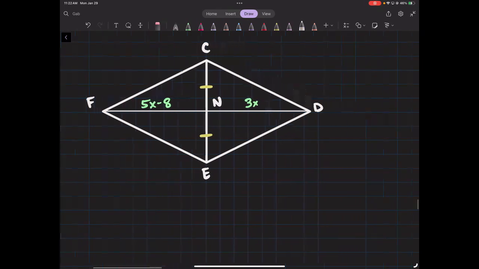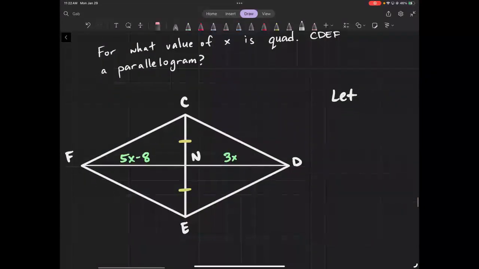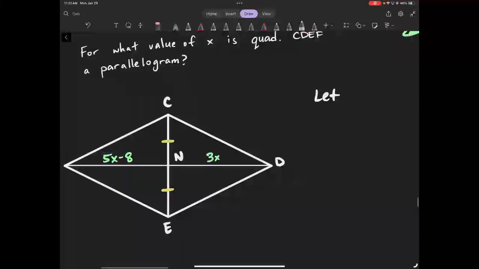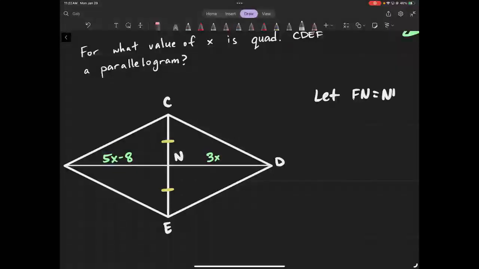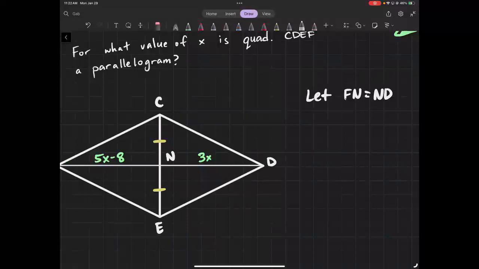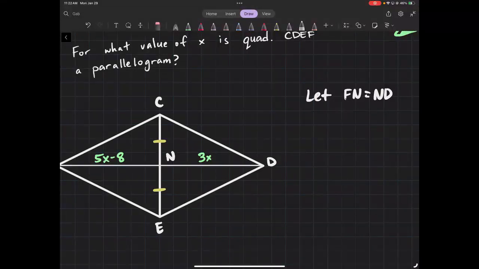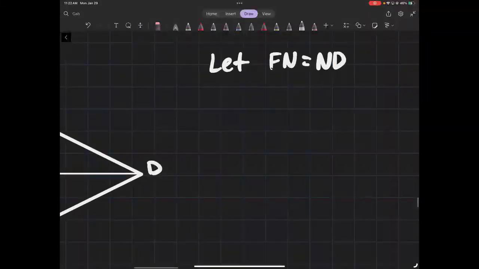So you're gonna let FN equal ND. You already have that though, so you don't need to deal with it, okay?